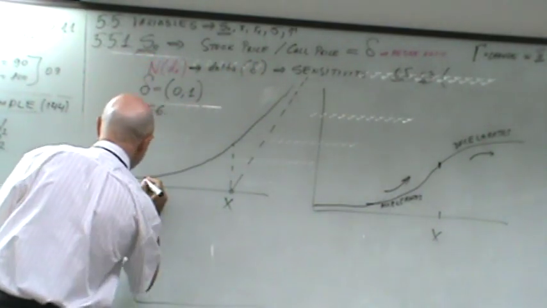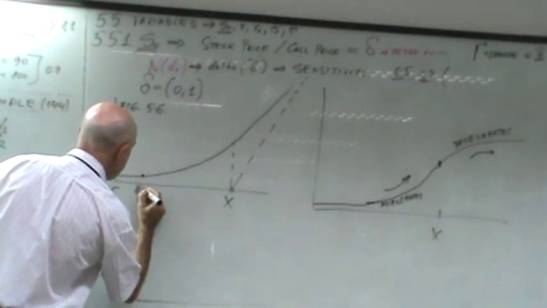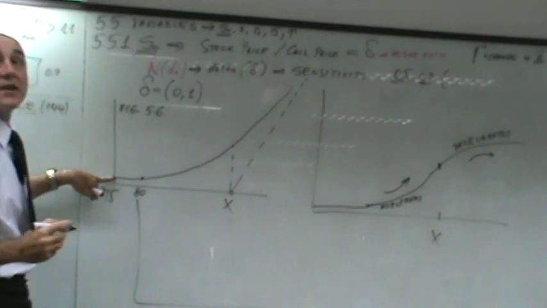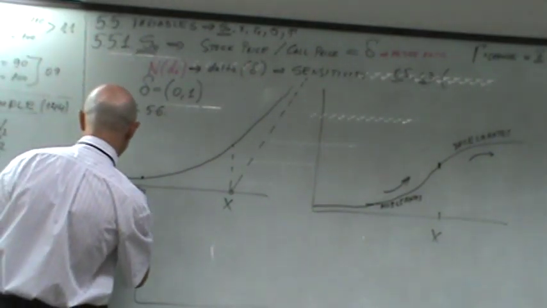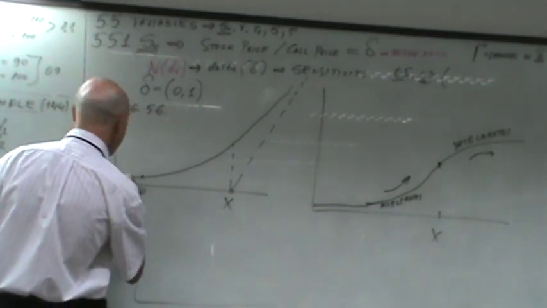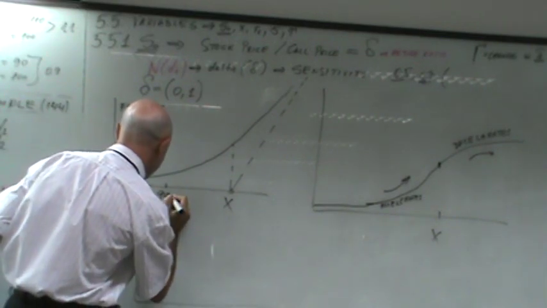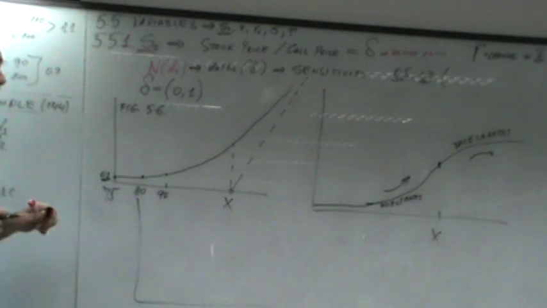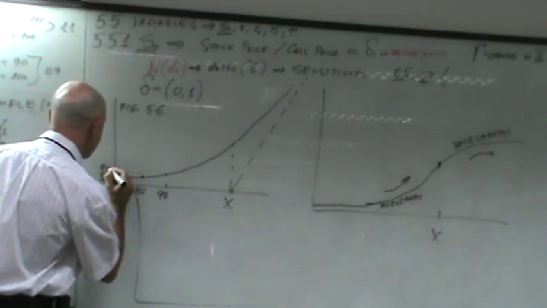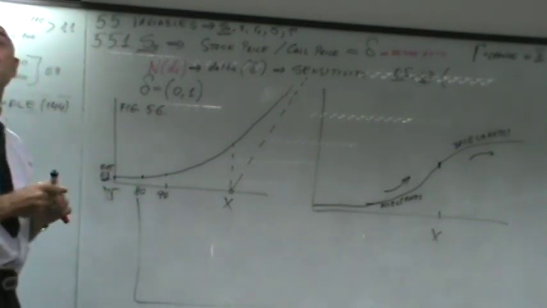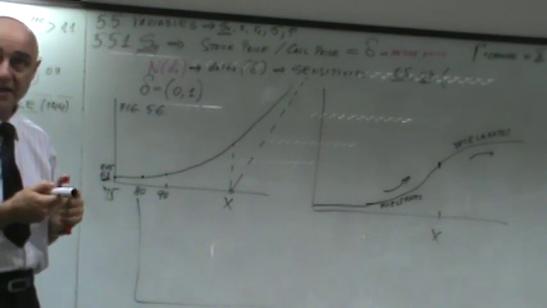Over here, when the price is 80, the delta is 0.1. And over here, when the price is 90, the delta is going to be, I'm picking a number, 0.15. Okay?